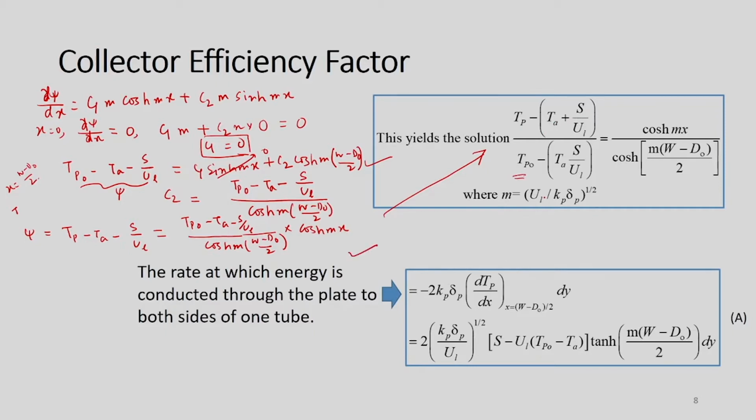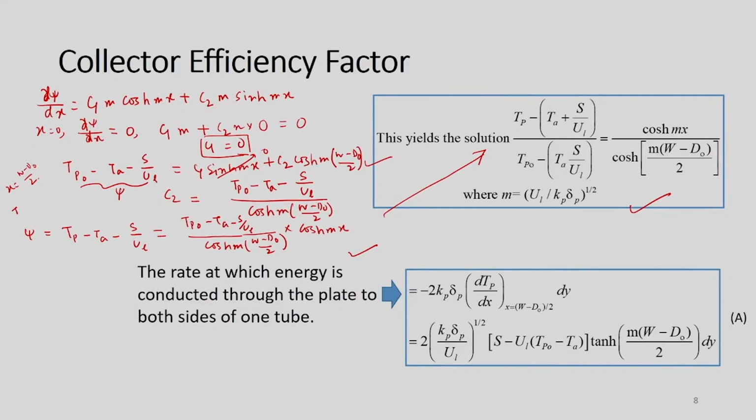So, once we are done with this solution, next phase is to calculate the rate at which energy is conducted through the plate to both the side of the tube, okay. Because see, we have considered this slab, okay, and then we have the tubes, what is considered was here. So, when we are considering this, so from this side also heat will be conducted to this tube, okay, right.